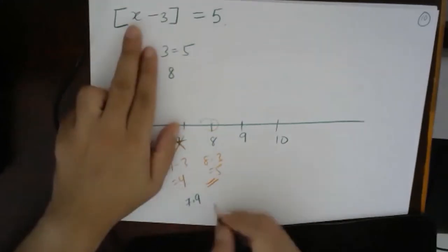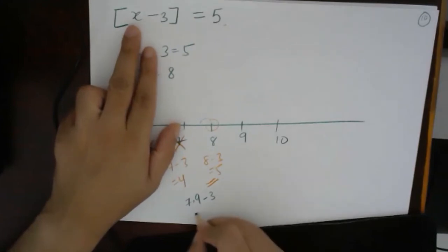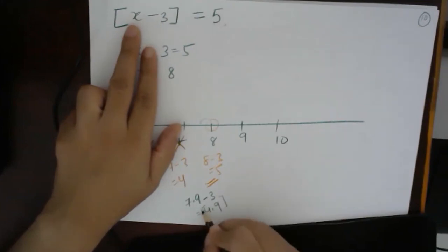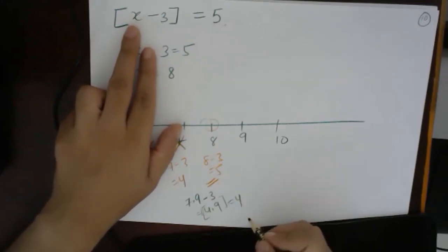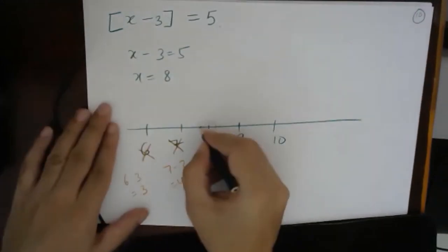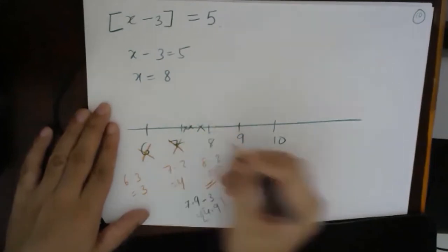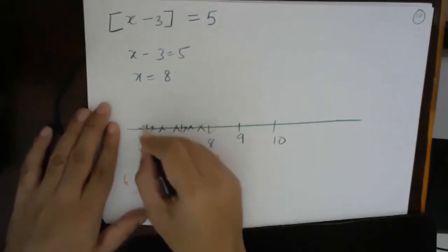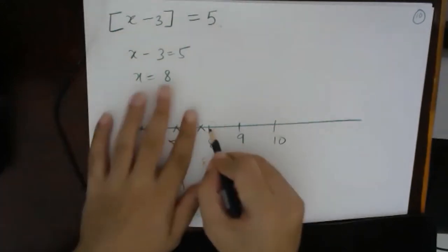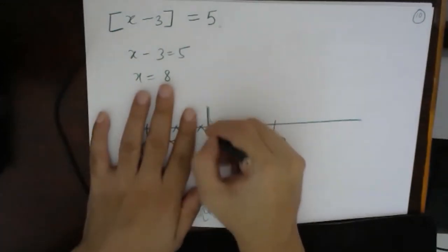If I substitute 7.9, 7.9 minus 3 gives 4.9. The greatest integer of 4.9 is 4. So before this I cannot take, this part has been completely taken away. Any number before 8 I cannot take. The first number I get is by putting x equal to 8.